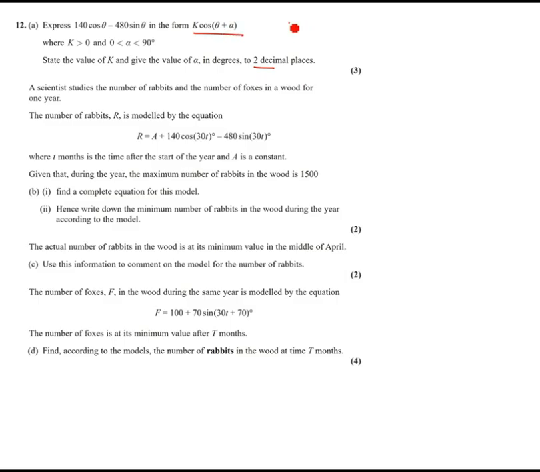So if we expand this, this will be k cos theta cos alpha minus k sine theta sine alpha. Now if we compare with this, k cos alpha will be 140, and then there's minus 480 sine theta, so k sine alpha will be 480.